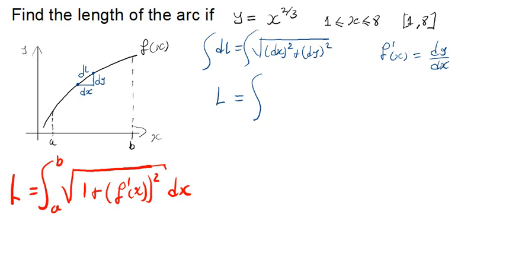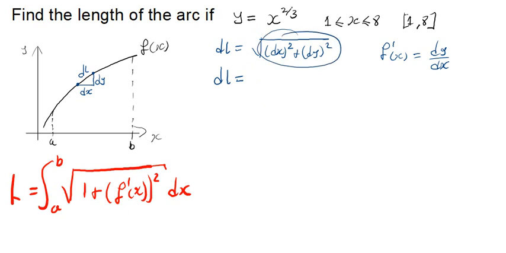But before I go as far as this, I'll leave it that way. I'm going to say my DL is equal to, and what I have inside the brackets, I'm not really calling it factoring, but I'm just going to force the dx squared outside.